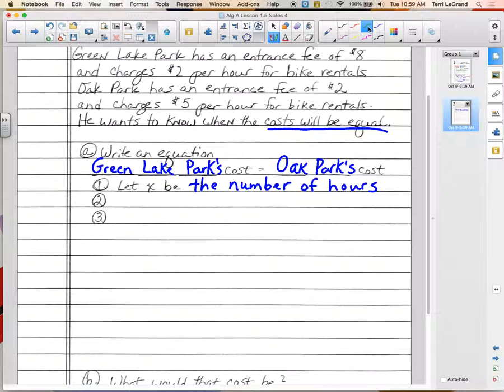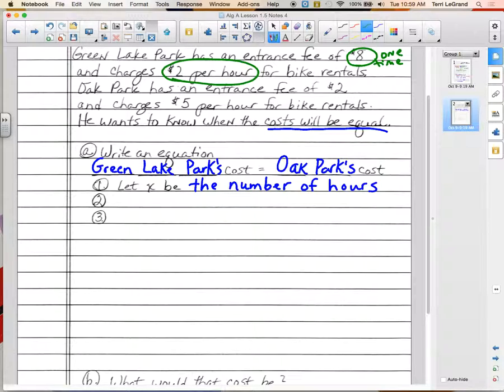Is that important? Yes. How many times do you pay that? Once. Okay. So one time. And charges $2 per hour for bike rentals. Is that important? Yes. Okay, $2 per hour. Let's circle that. Anybody think they know how we could express that algebraically?